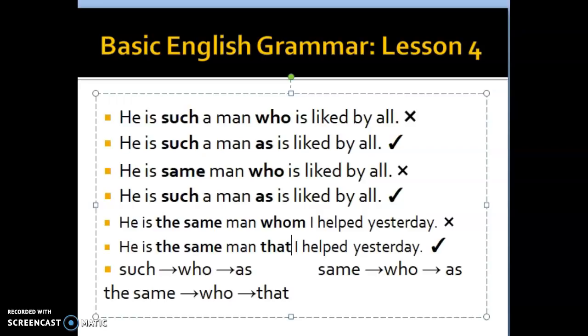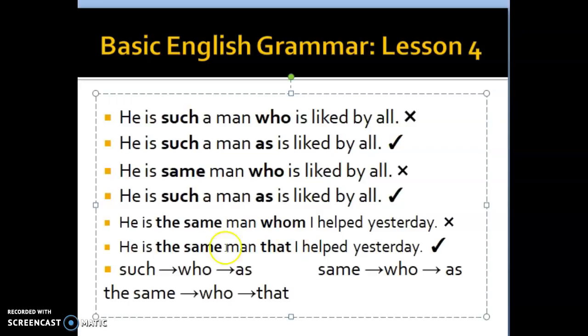So whenever the same appears in the sentence and is followed by a WH word, we are going to replace that WH word with that. So such के बाद अगर WH word आ जाए तो as आ जाएगा उसकी जगह पे, same के बाद WH word आ जाए तो उसके बाद as आ जाएगा और the same के बाद WH word आए तो that आएगा, right? So this was the rule.